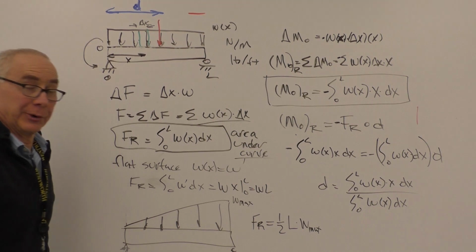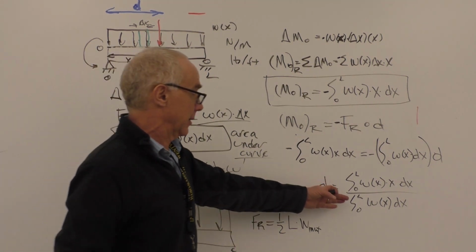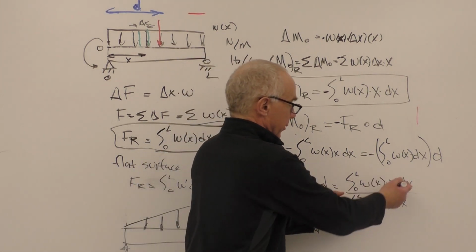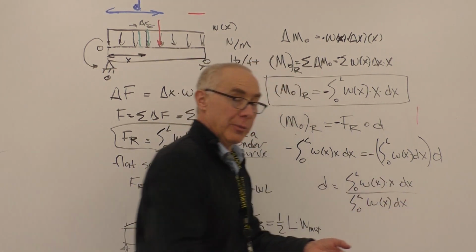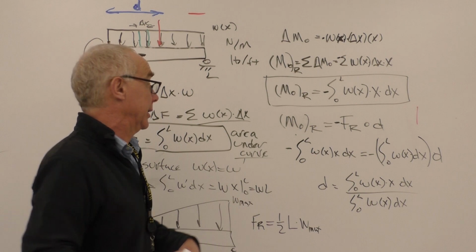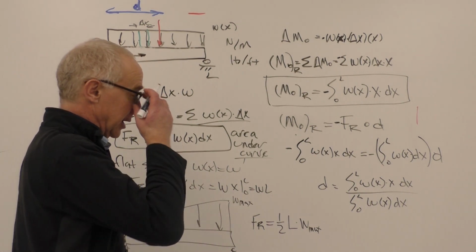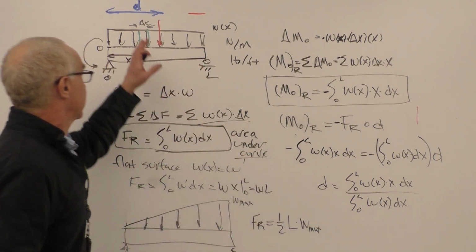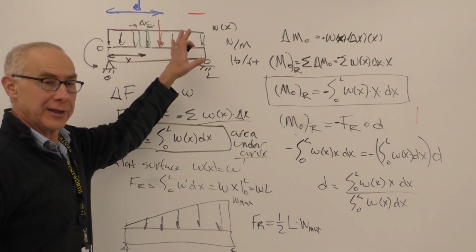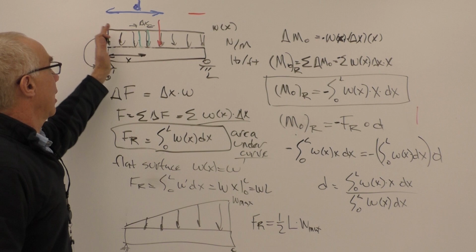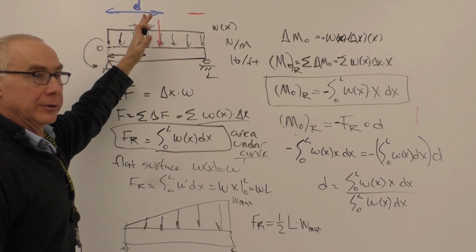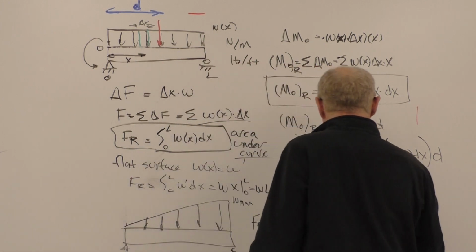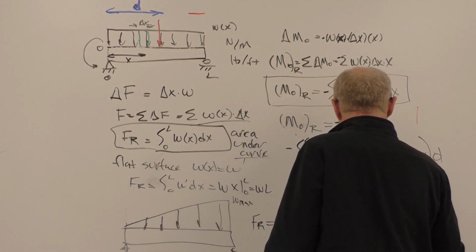You may or may not realize this, but this in fact represents the first moment divided by the zeroth moment, which equals the centroid of our area W. So what we found is that the value of D, the location where we're going to apply this, is always at the centroid of the shape formed by our W function. So D is at the centroid.